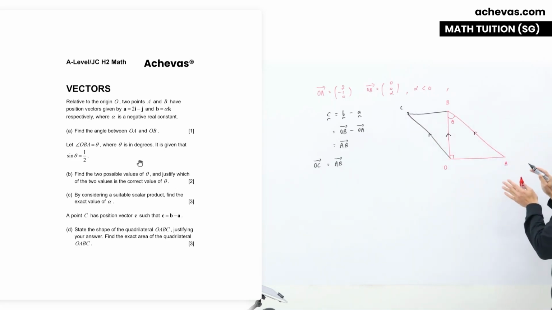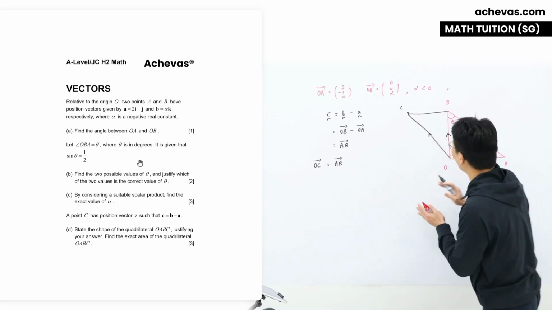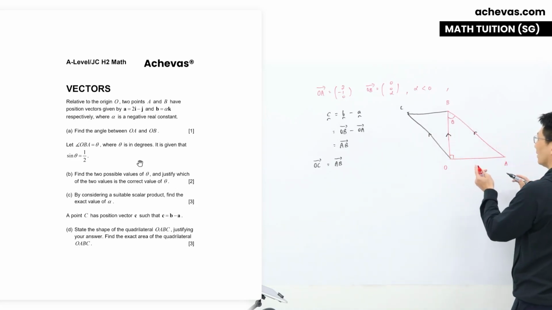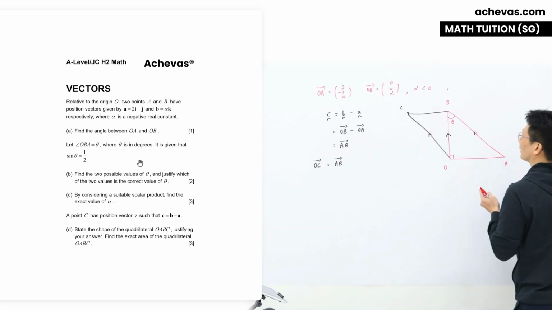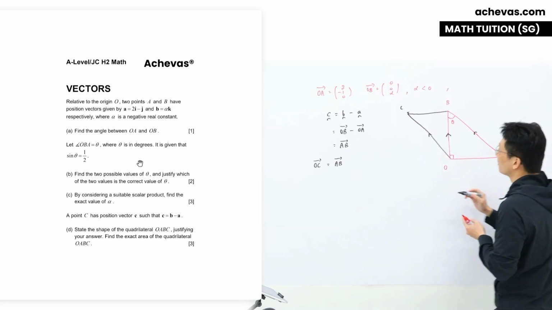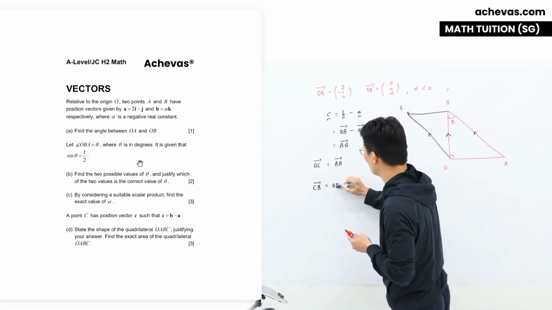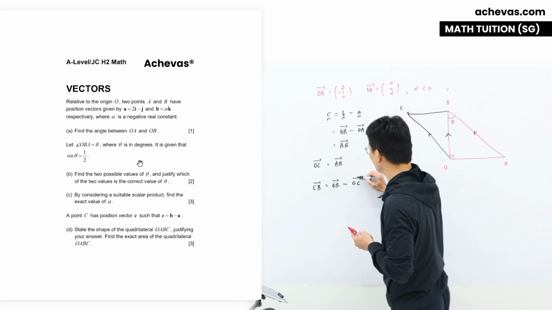In order to prove that it is a parallelogram, actually I already suspected that, I still need to prove that the vector OA will be the same as vector CB, which I can do quite easily by considering CB first, which is the same as OB minus OC.